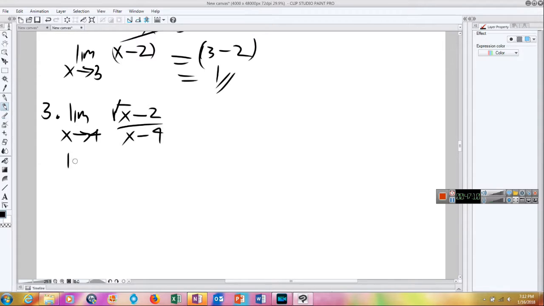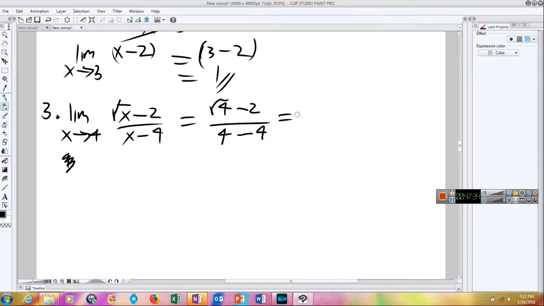Since x tends to 4, we're going to say the square root of 4, minus 2, over 4 minus 4.